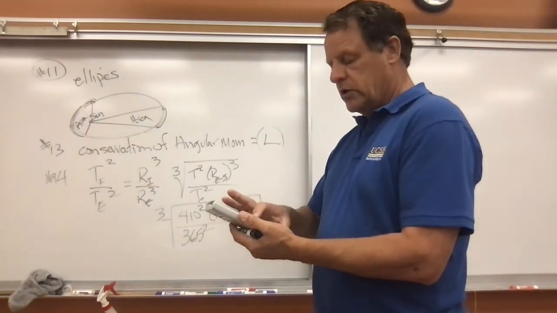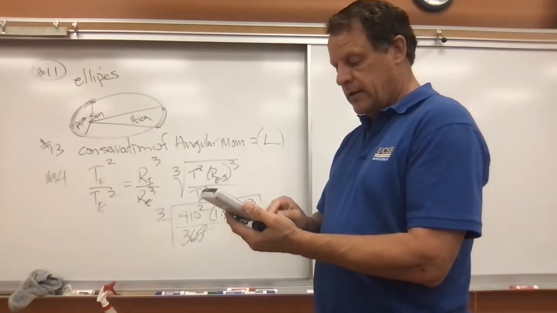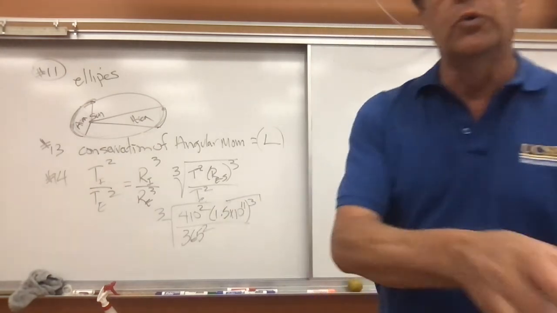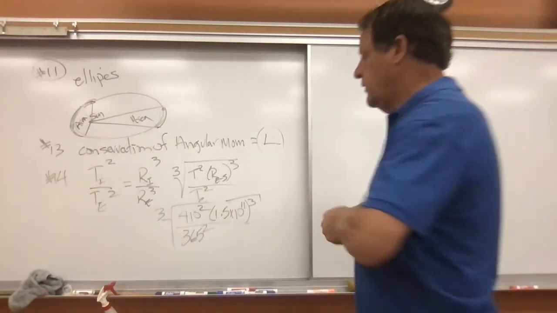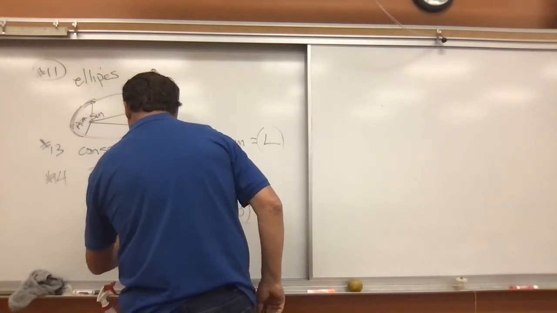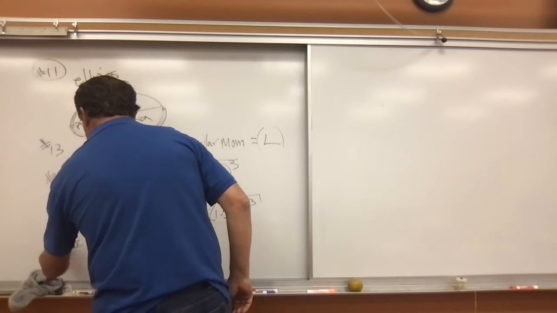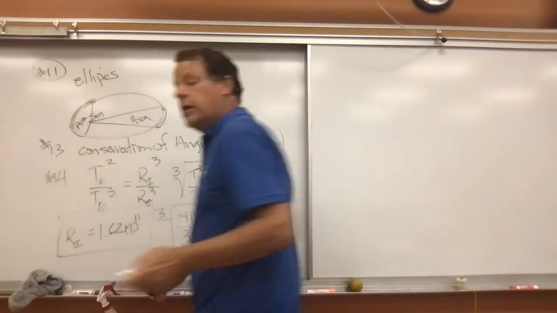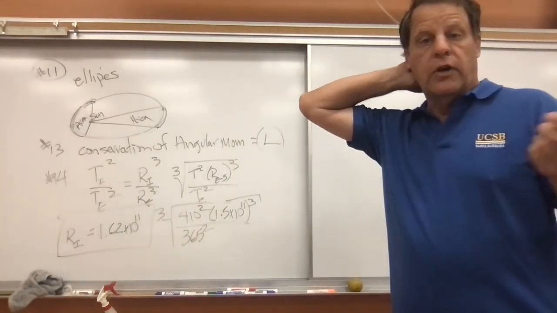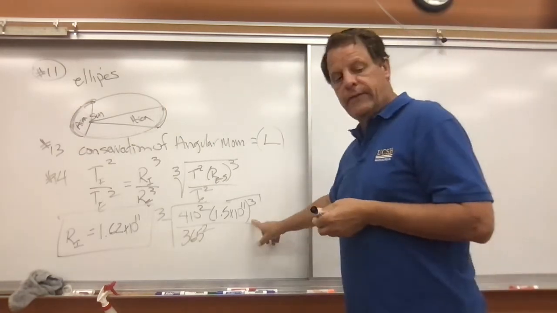But we want to take the cube root of that, and we're going to get 1.62 times 10 to the 11th. So our answer here is 1.62 times 10 to the 11th, and that is the radius of the orbit of Icarus around the sun. So obviously that's farther away from the sun than the Earth, which is at 1.5.